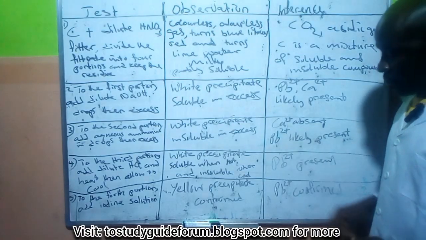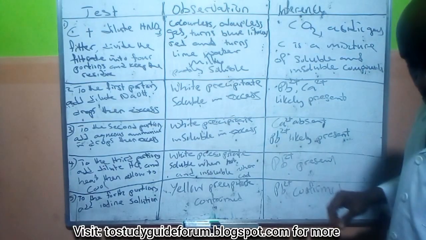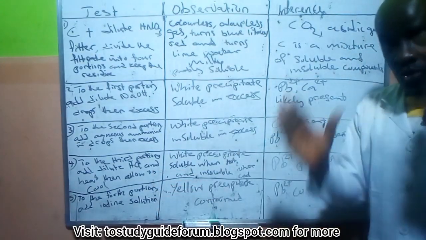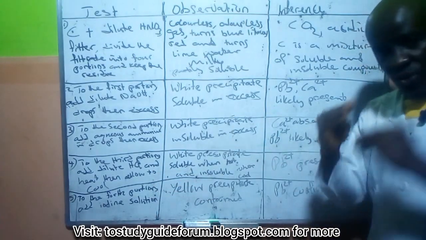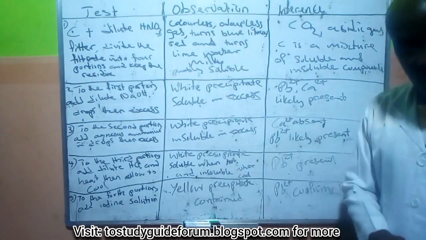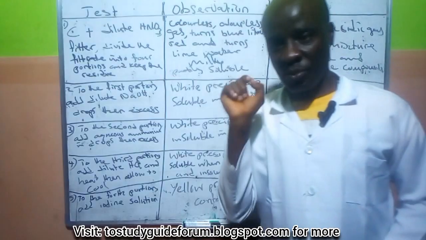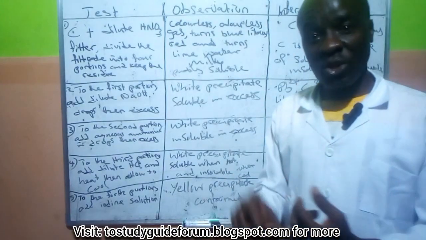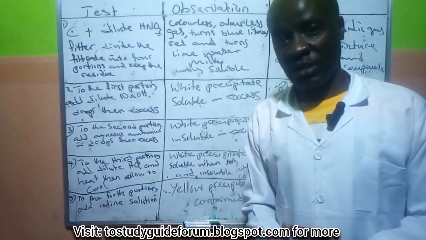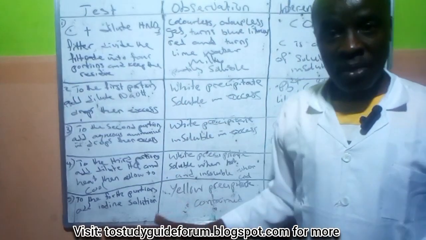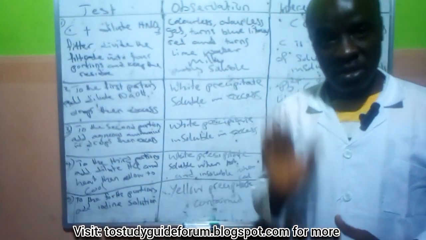So these are the possible ways of identifying the lead. It's either they use chloride or they use iodine. So don't just rule this out, because we know that it's only used for what? Test for starch. Always have in mind that you can use potassium iodide or you can use potassium dichromate. Two of them can give you yellow precipitate. So don't just rule out iodine in this test for lead.